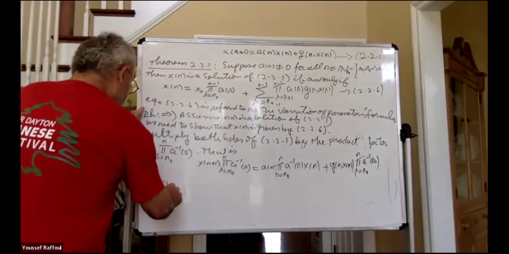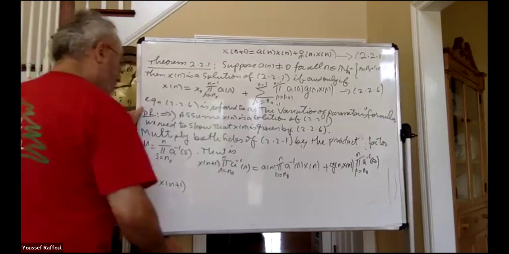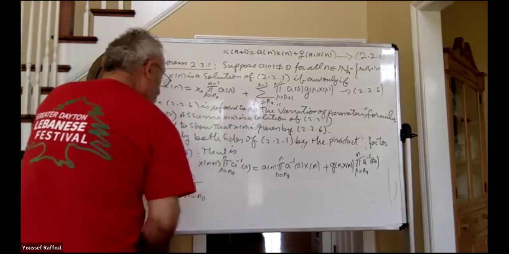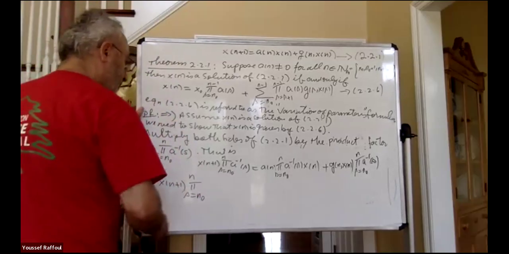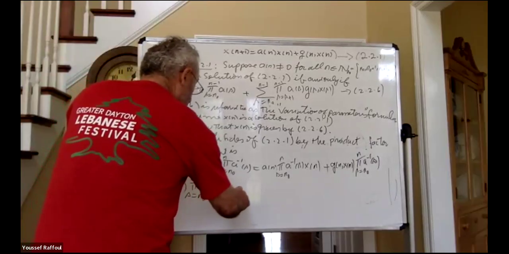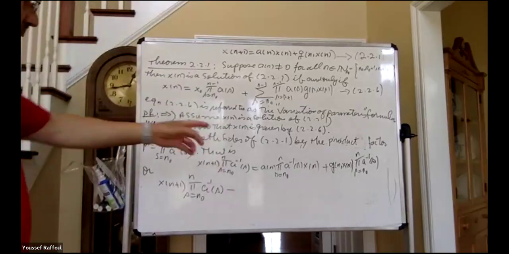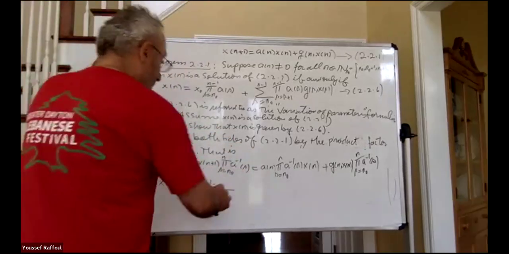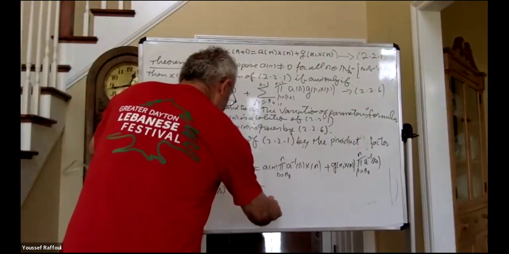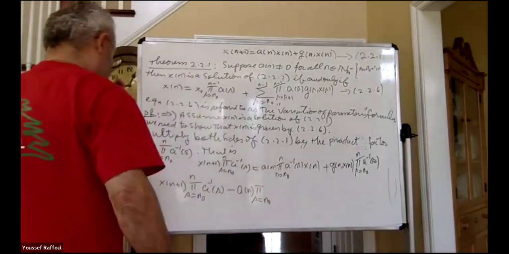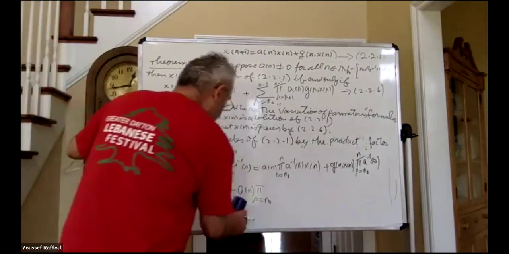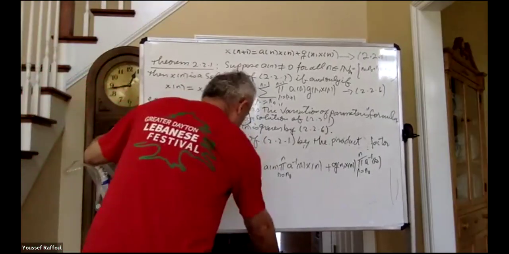I'm going to have x_{n+1} times the product from s equals n0 to n of a inverse of s minus, I'm going to bring this one over here, a_n times the product from s equals n0. Sorry, I wanna save myself some room.